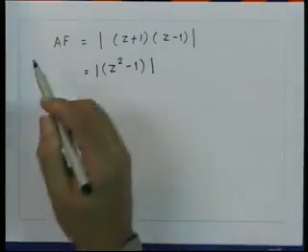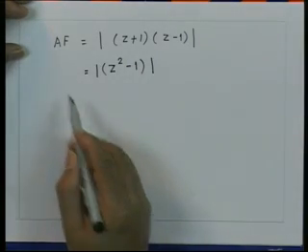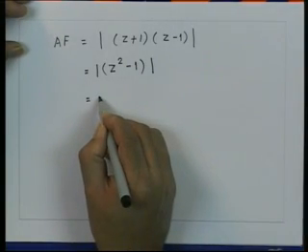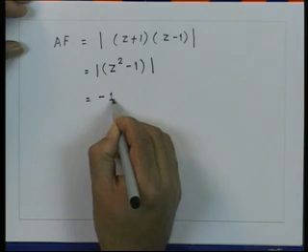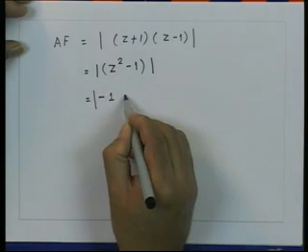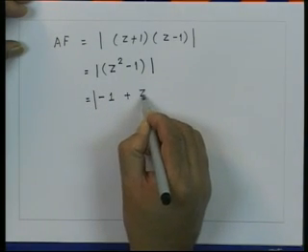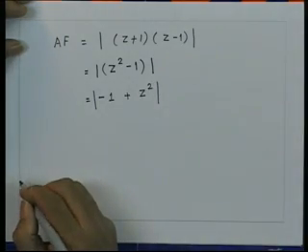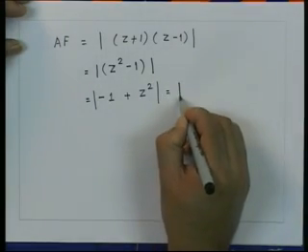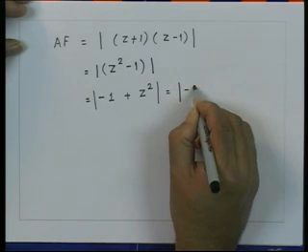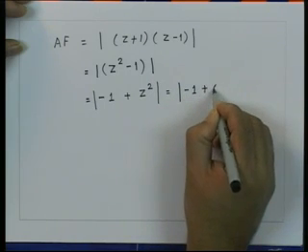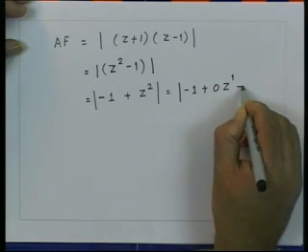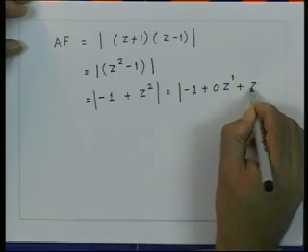Or if I write the polynomial in the ascending degrees of z, this will be minus 1 plus 0 into z to the power 1 plus z to the power 2.